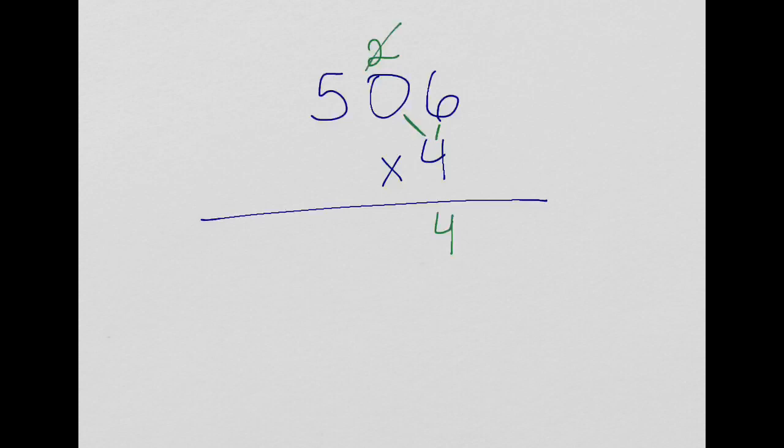Add in the 2, and now I've got 2. I can just write the 2 since it's only 1 digit. I don't have to carry anything. 4 times 5 is 20. So I can put the 0 from 20 and carry the 2. And there's nothing else to multiply by. I just bring it down. My answer is 2,024.